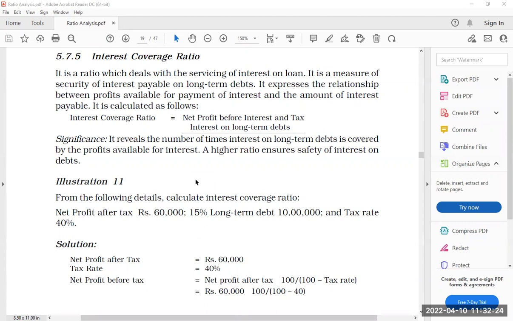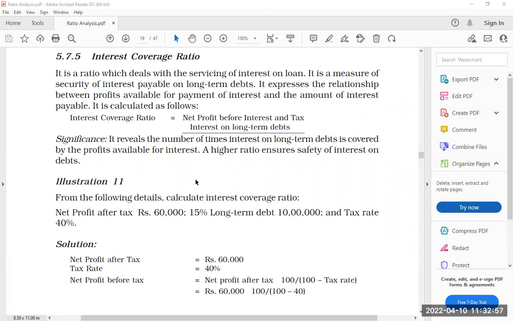You can't find this value directly in the income statement, because in the income statement, sales plus other income is equal to total revenue, minus all the expenses including finance cost, which gives net profit, minus tax, net profit after tax. That is the flow. So how do you find net profit before interest and tax? You take your net profit after tax plus interest. That gives you the net profit before interest and tax, divided by only interest.